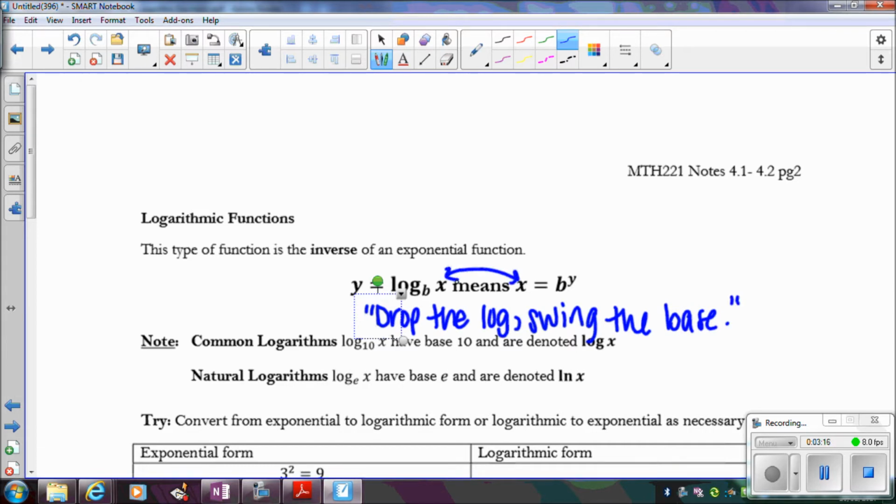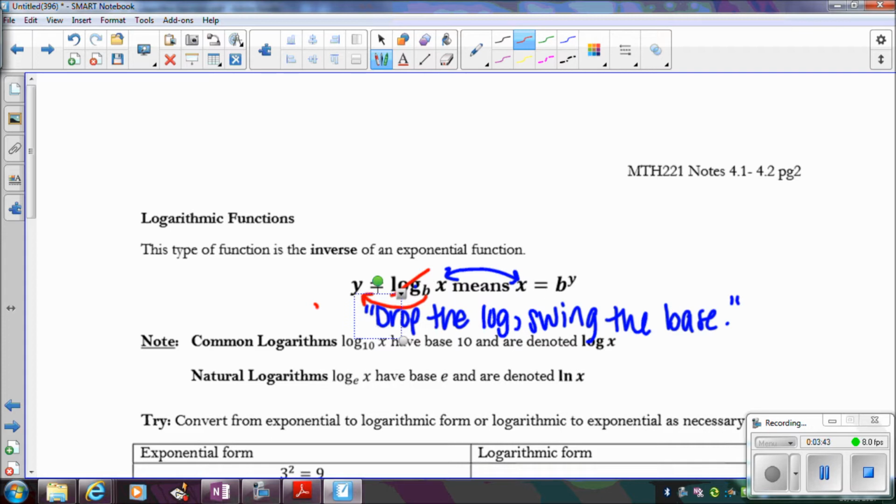So these go back and forth. So if you think about what this is saying, drop the log, swing the base means if I drop this log, and then you swing this base, what that's doing is the log's going away, the base is bumping y up to an exponent. So that's kind of how I think of converting from one to the other.